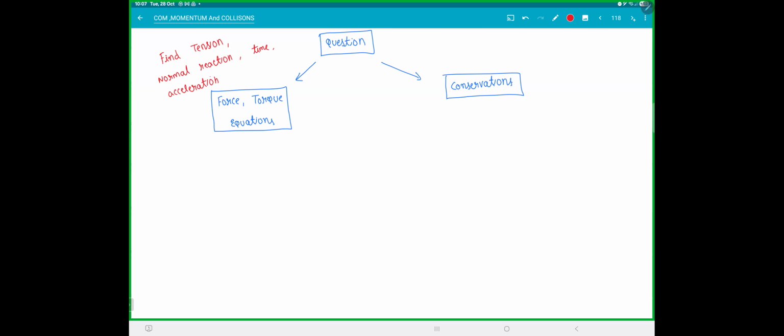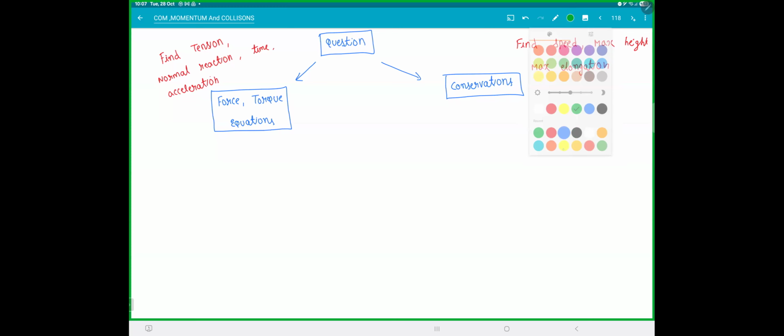How do you know you have to use conservations? You will hear these kinds of words: find speed at that position, find the maximum height, find the elongation, max compression. If you see these words, you will notice a theme. You don't care what is happening in the middle.